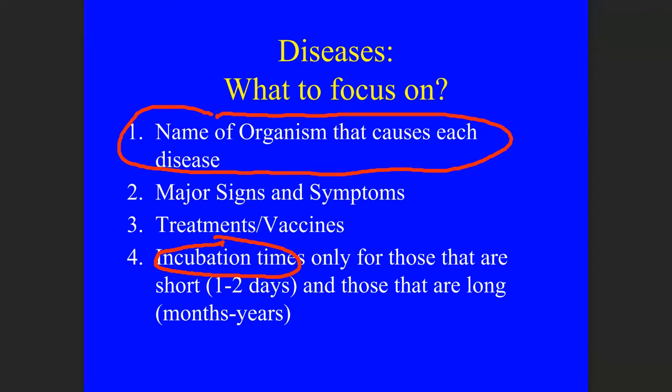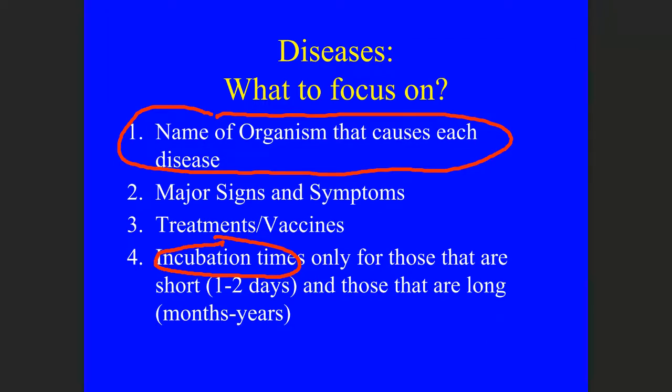As I go through, I will specify what you need to know. If you have incubation times in the middle range, like 5 days, 10 days, whatever, you don't need to know those. So we're going to focus mainly on very short incubation times and really long incubation times.